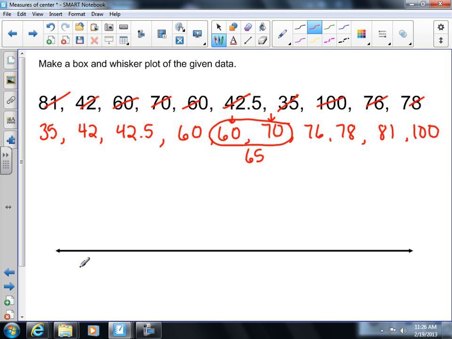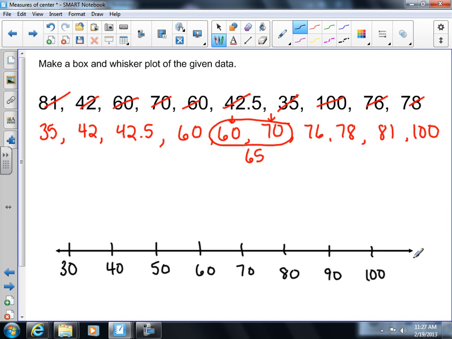Okay, so what am I going to do in my number line? Oh my, I'm going all the way from 30 to 100. So what do you think I need to do? Or do you want to do tens? Let's just start at 30, 40, 50, 60, 70, 80, 90, 100, 110.